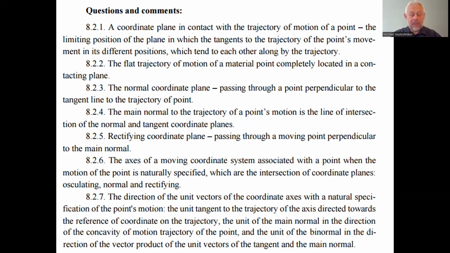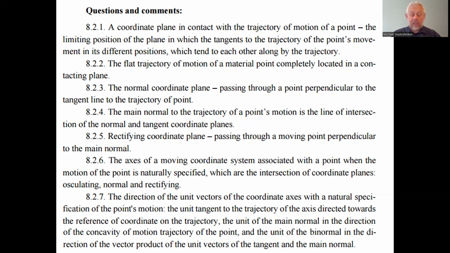8.2.7, the direction of unit vectors of the coordinate axes with a natural specification of the point's motion: the unit tangent of the trajectory is directed towards the reference of the coordinate of the trajectory, the unit main normal is in the direction of the concavity of the motion trajectory of the point, and the unit binormal is in the direction of the vector product of the unit vectors of the tangent and the main normal.